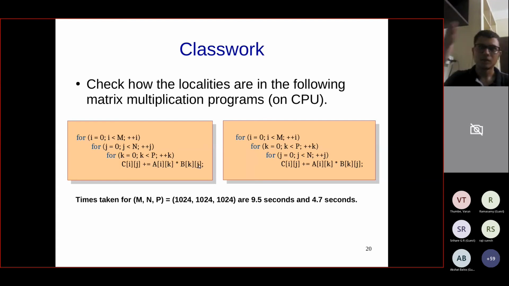Sorry, I mean 0 0, 1 0, 2 0, 3 0, up to 9 0. So the way we are accessing it is in columnar order, right? 0 0, then 1 0 is the next element in that column, 2 0 is the further next element in that column. So we are accessing it in the column direction, not in the row direction.